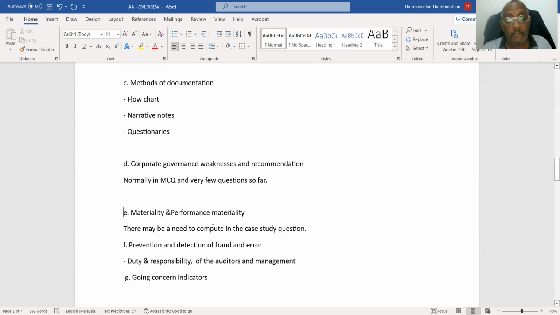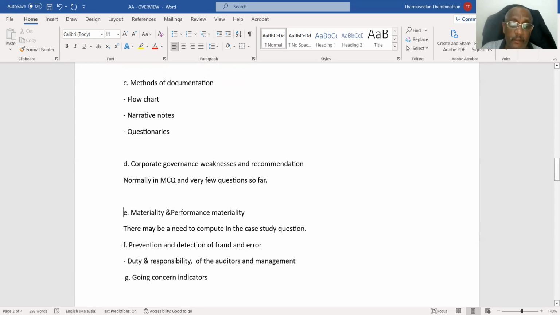Now, knowing the overall materiality and performance materiality has never appeared in AAA for your information. They've only asked you so far to distinguish. Now, there may be a need to compute in the case study question, but not likely. But please look at it as well.